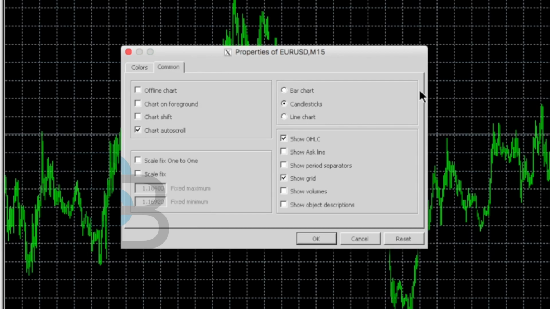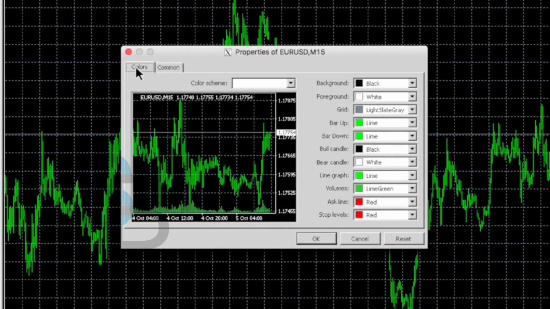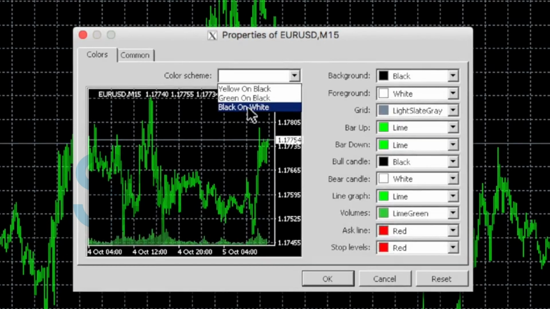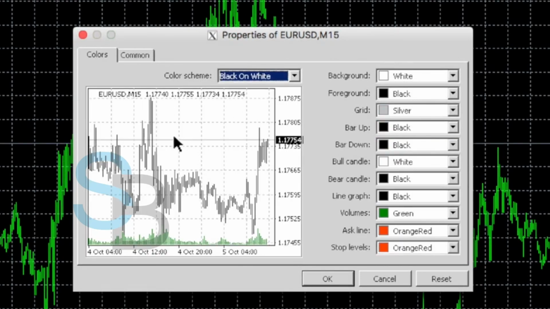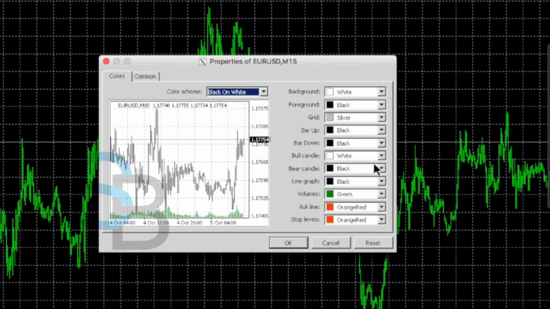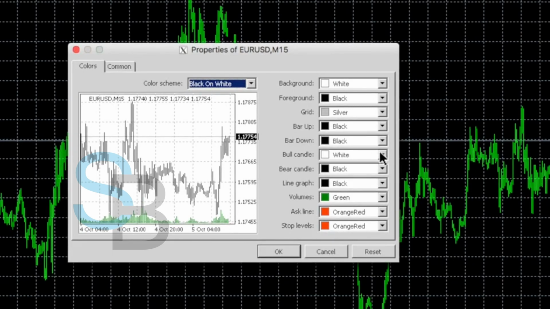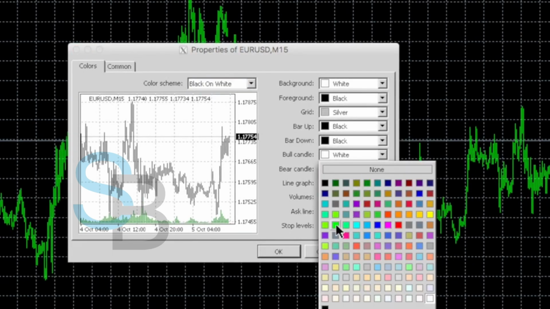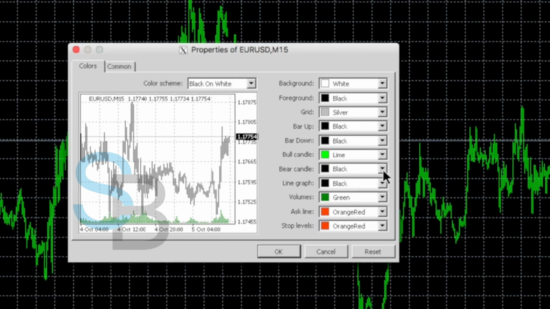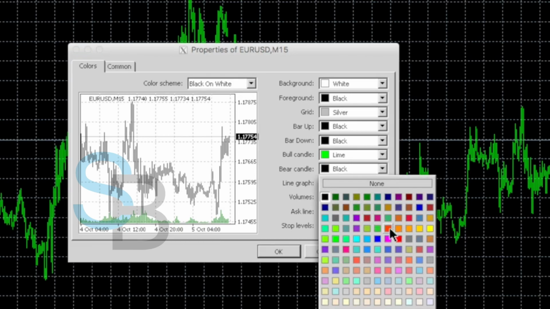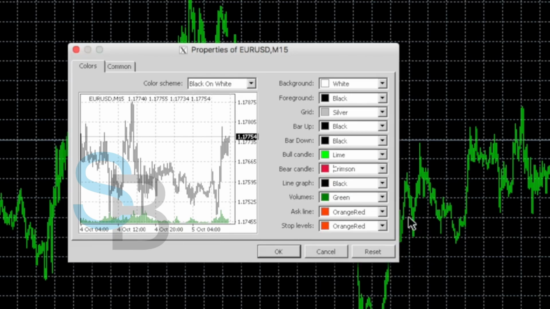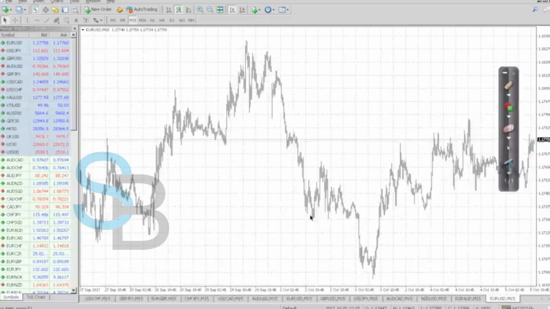Go to Colors, and depends on your taste, but I kind of like the black on white background. Right, so I like a white background. For the bull candle, I'll put green. So bullish candle is green. Bearish candle is red. Okay, so click OK, and your charts should look something like that.